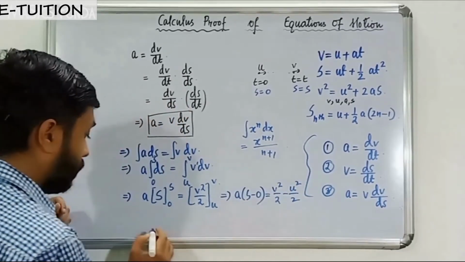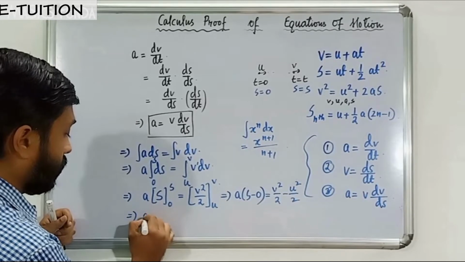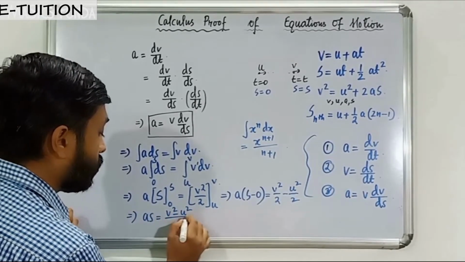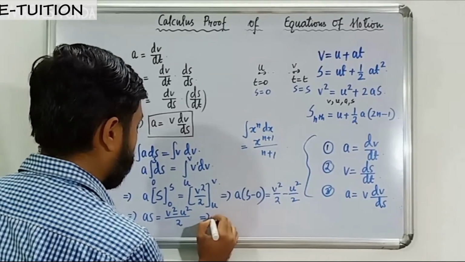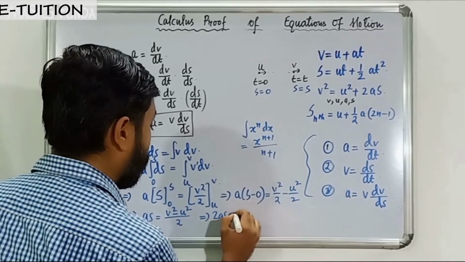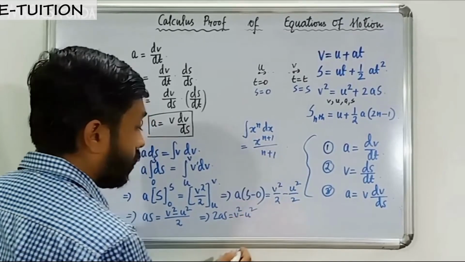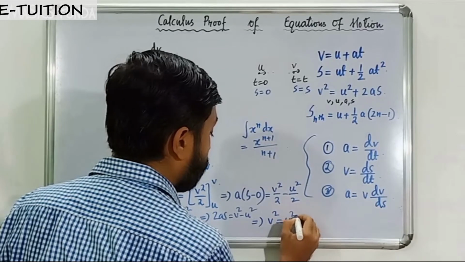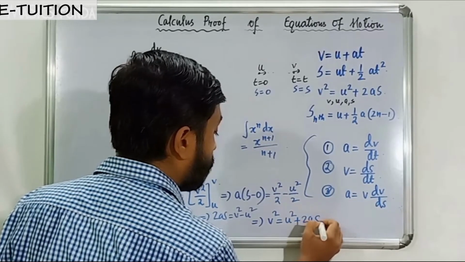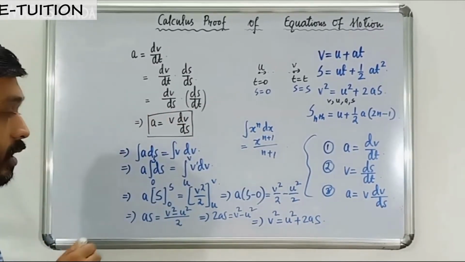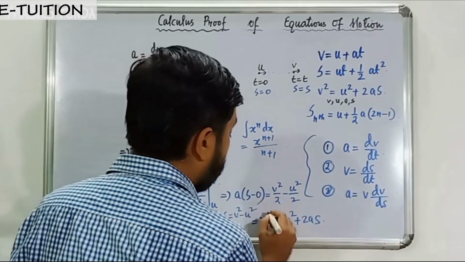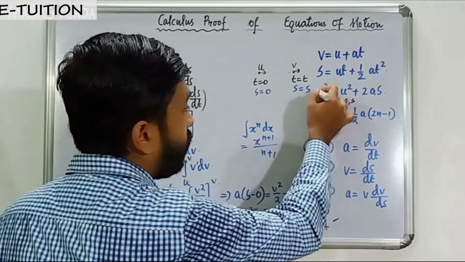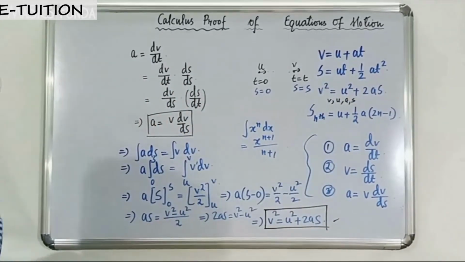Okay, as equal to v square minus u square by 2, or 2as equals v square minus u square, and finally v square equals u square plus 2as, and that's what your third equation of motion is. We have ended up getting that. Have a look. v square equals u square plus 2as.